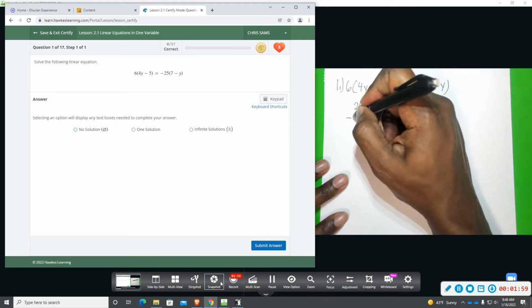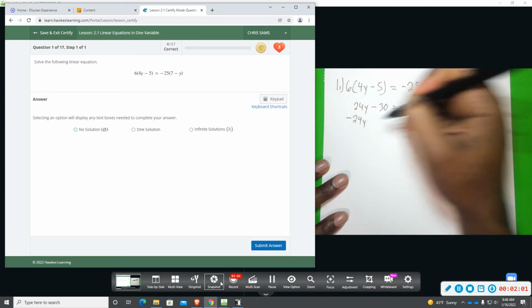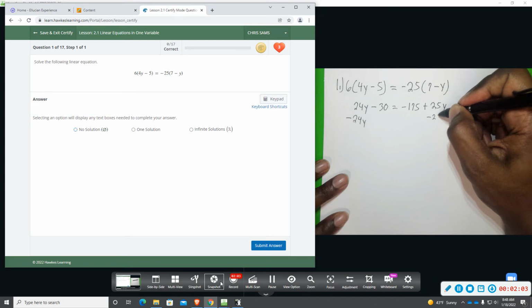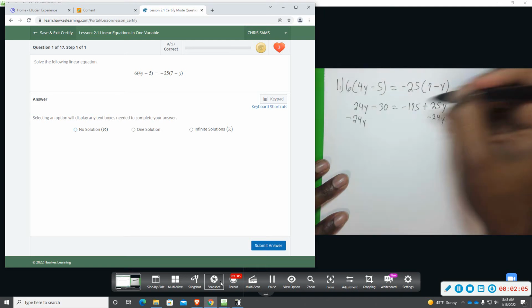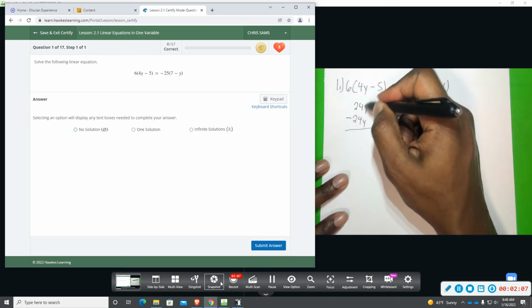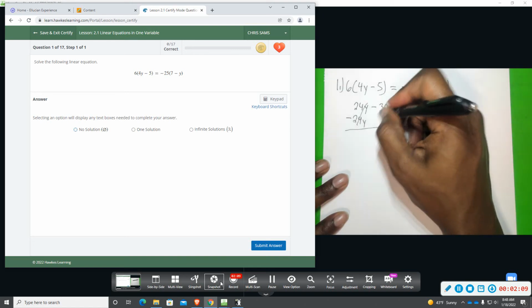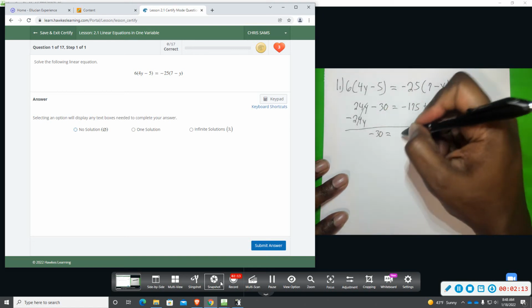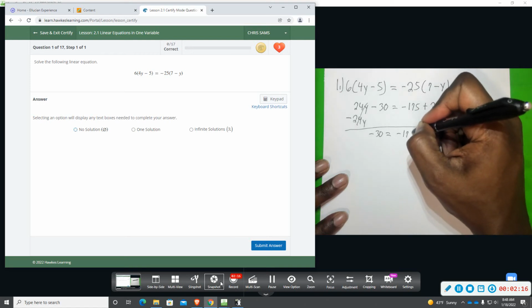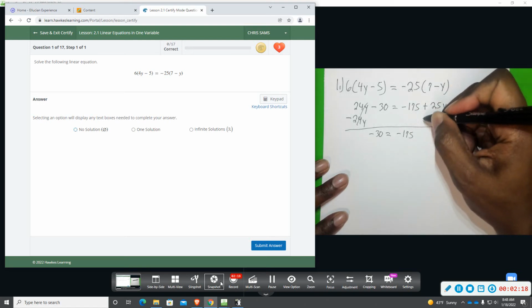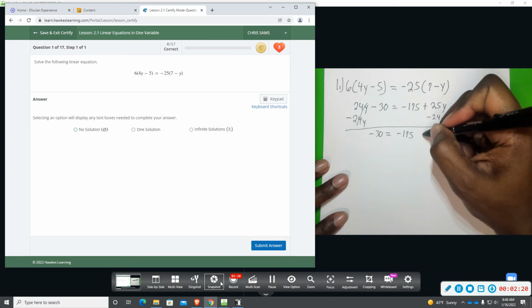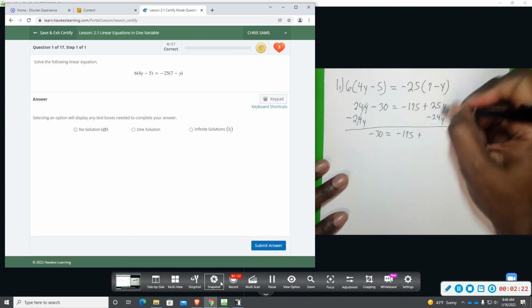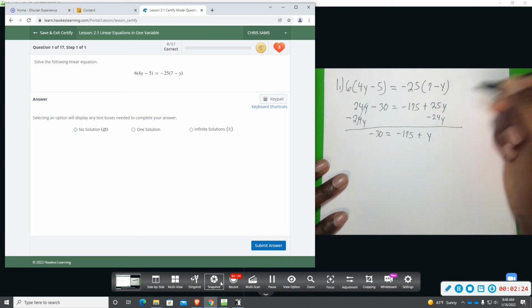So I'm going to subtract 24y and subtract 24y. Whatever you do to one side, you do to the other. Line them up with its like terms and then bring down what you have left. So bring down negative 30 equals negative 175. And then this is going to be 25 minus 24, which will just be a positive y, 1y, okay?